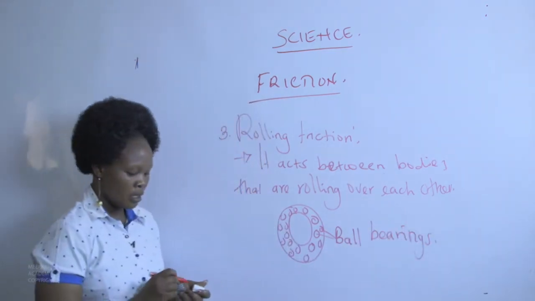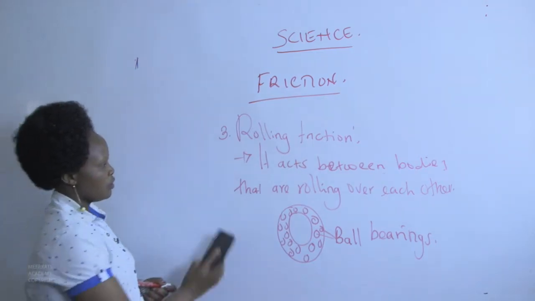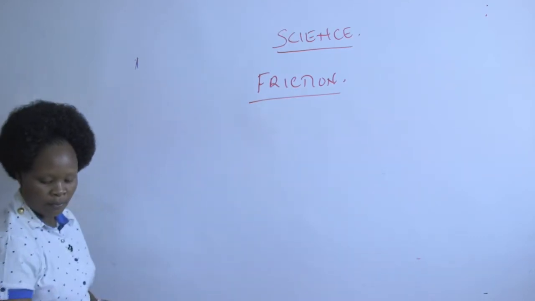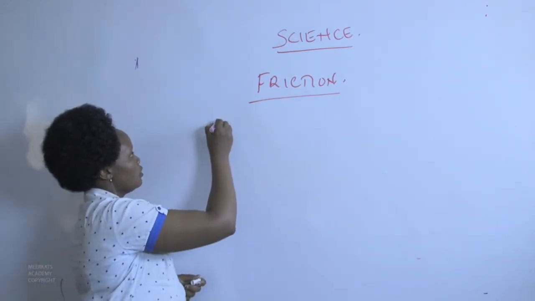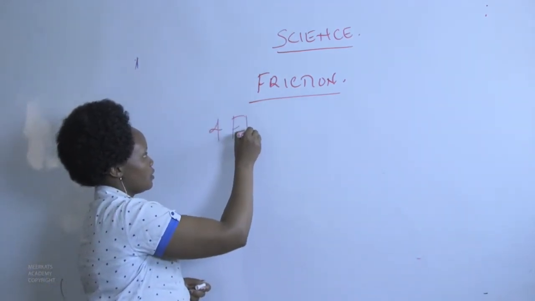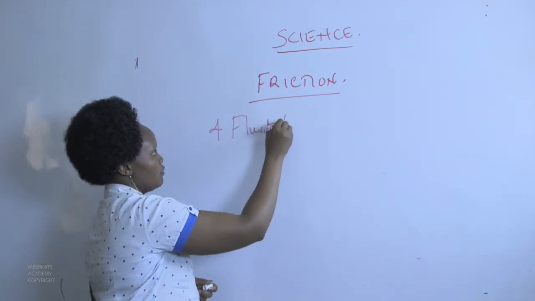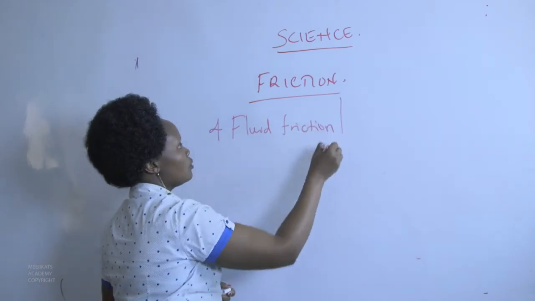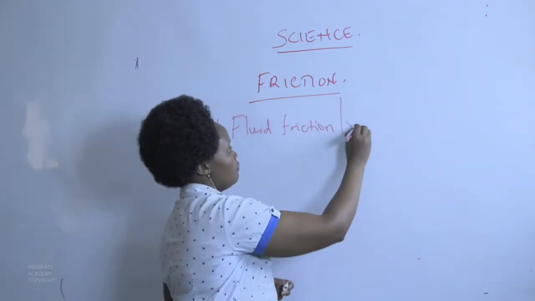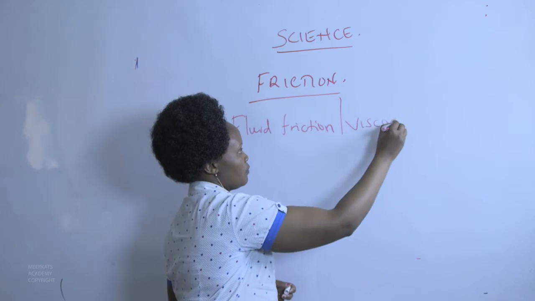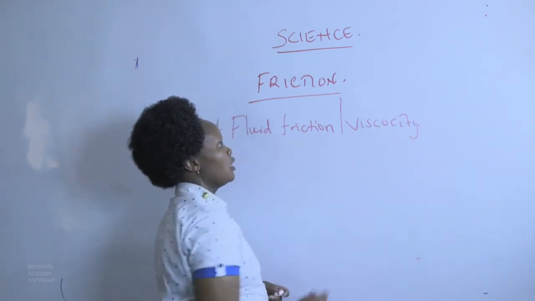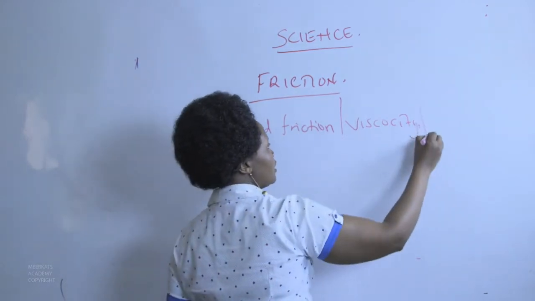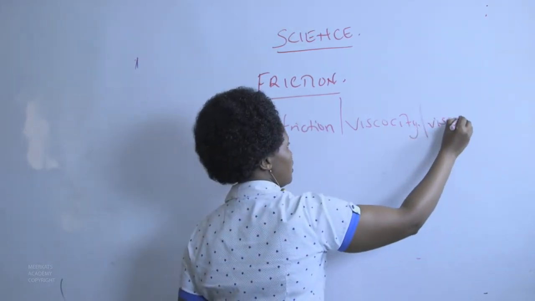Now, the fourth and the last type is what we call the fluid friction, or what we call viscosity. Viscosity, some books will call it viscous drag.